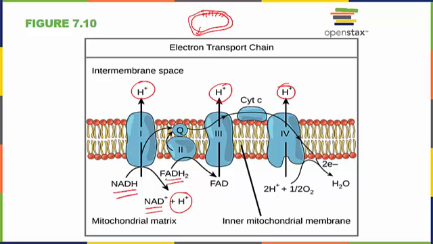It's going to donate its electron, which will travel as energy through these mobile electron carriers and help essentially power up each of these proton carriers to pump protons from the mitochondrial matrix into the inner membrane space. They work together to create the biggest possible gradient that they can.